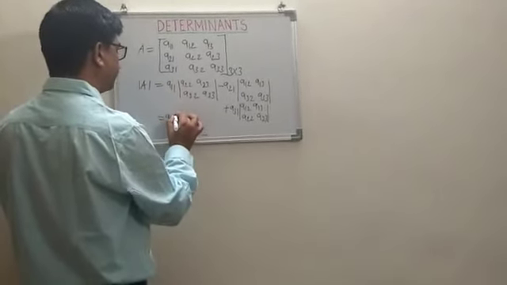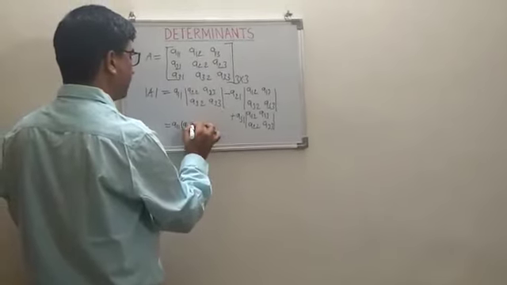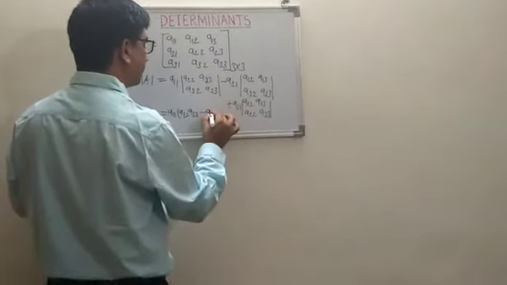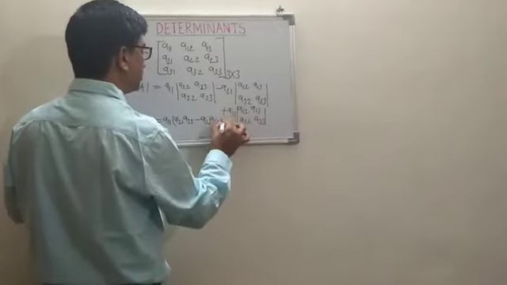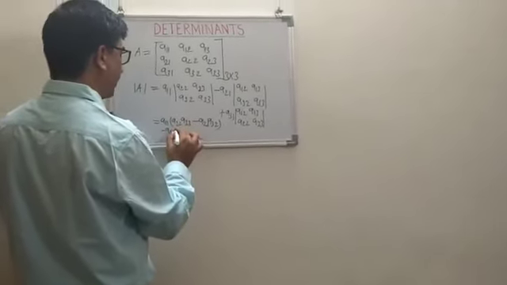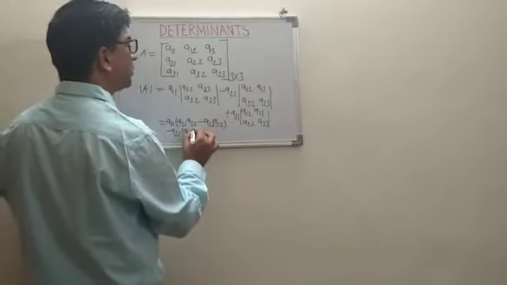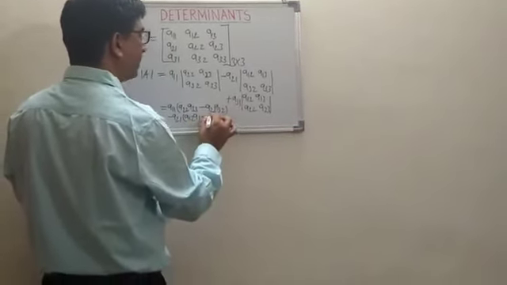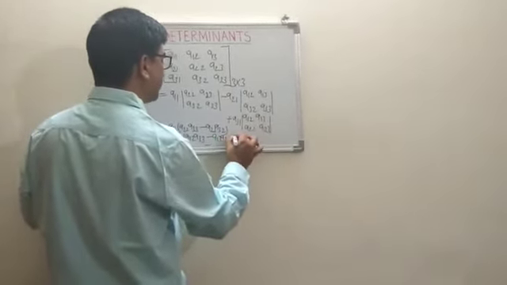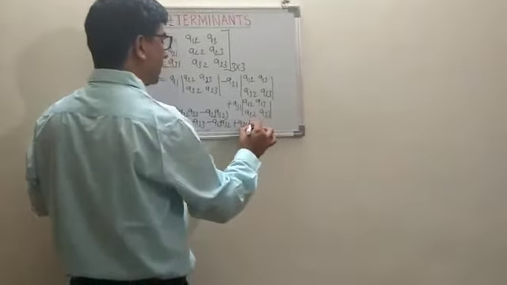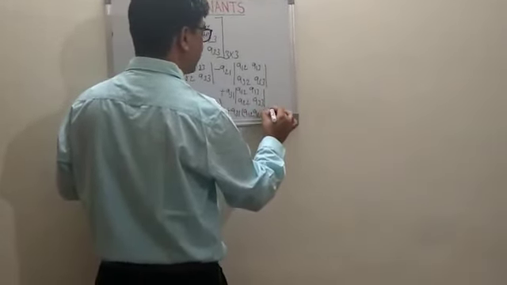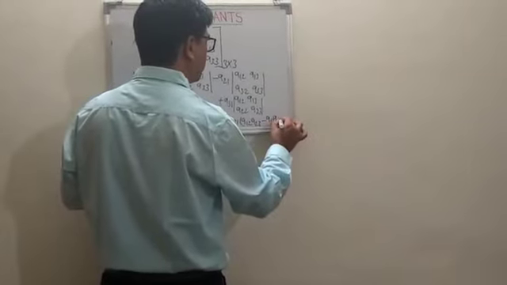A11 multiplied by A22 A33 minus A23 A32, minus A21 multiplied by A12 A33 minus A13 A32, plus A31 multiplied by A12 A23 minus A13 A22.